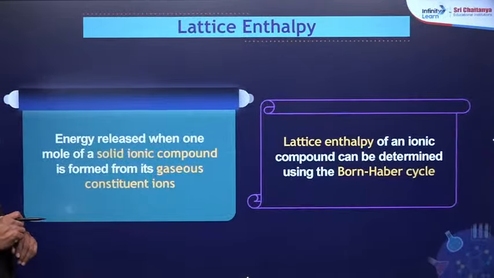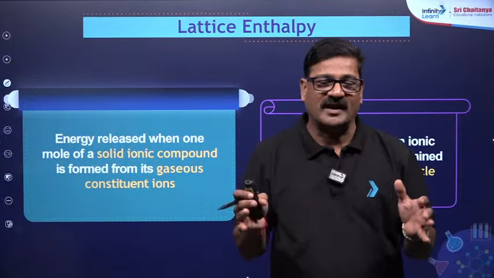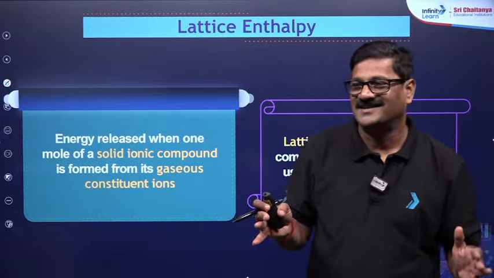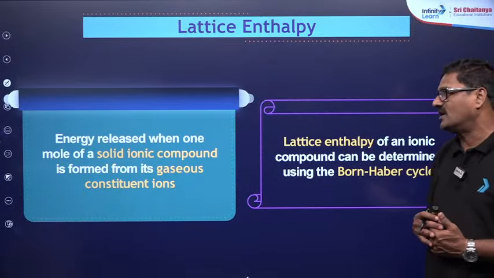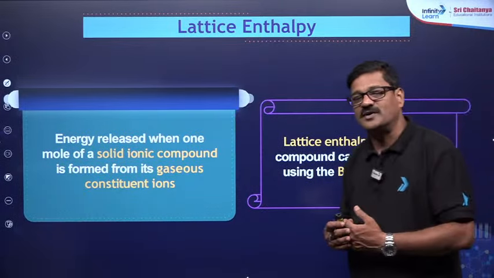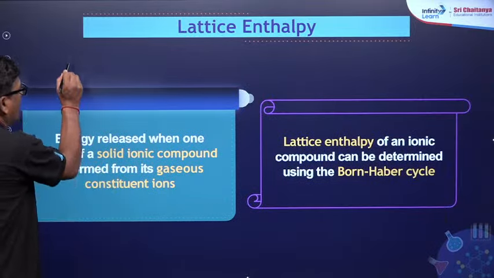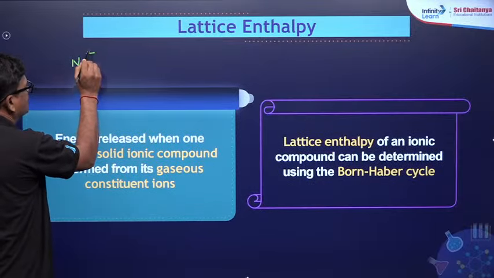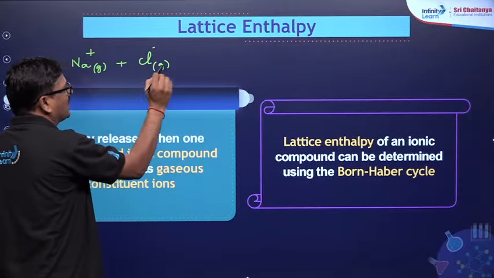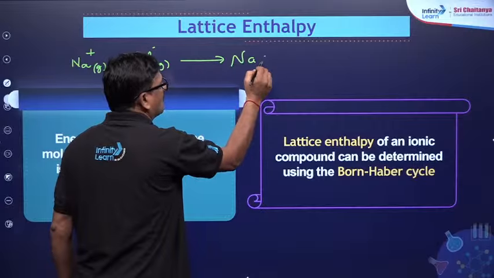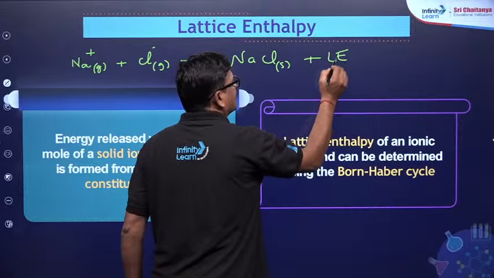Now moving ahead here, lattice energy. What is the meaning of a lattice? Crystalline solid of ionic compound is called a lattice. Energy released when 1 mole of a solid ionic compound is formed from its constituent gaseous ions is called lattice energy. I mean to say here, Na+ in the gaseous state and Cl- in the gaseous state पकड़ के sodium chloride solid is formed and that is lattice energy.